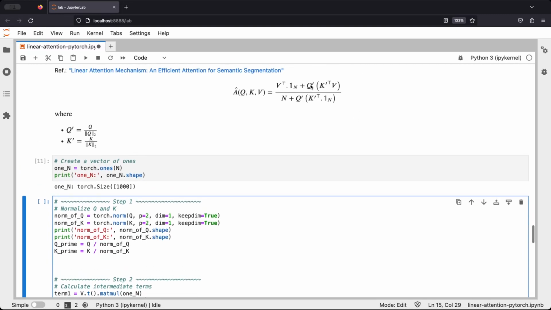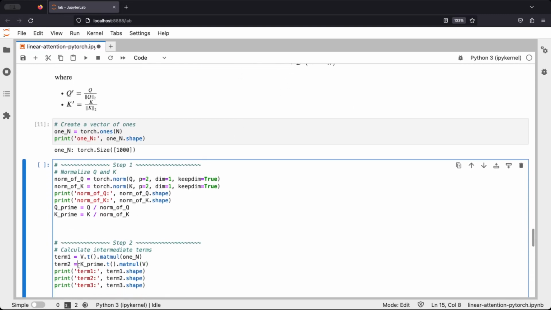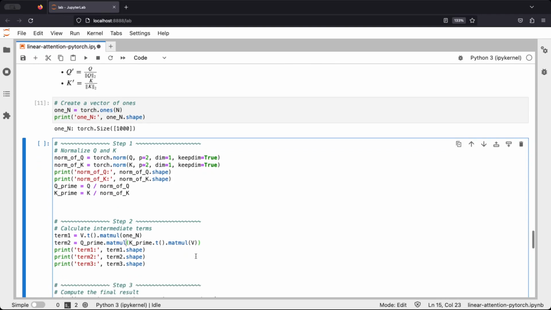And now we bring q prime from the left. So let's put this into parentheses, and then we say q prime dot matmul this.